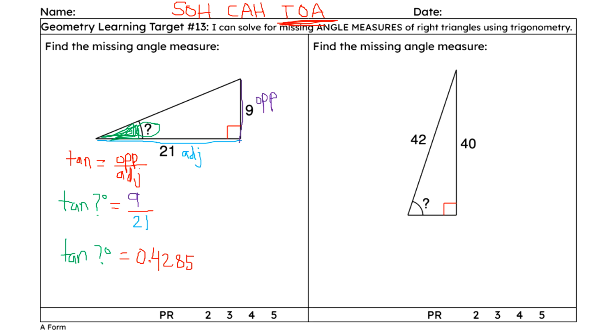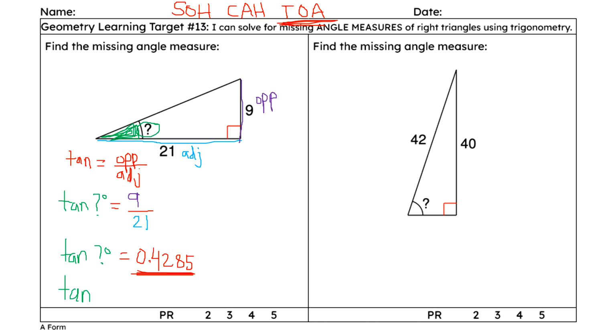All right, now let me see if there is an exact degree measure that gives exactly 0.4285, or if I'm going to have to try and find as close as possible. Okay, so now let's see. I'm going to be looking down the tangent column of my chart, and I'm going to be looking for as close to 0.4285 as I can get.